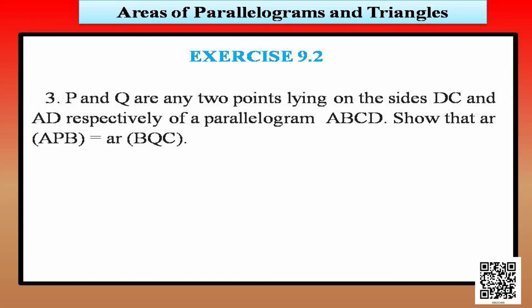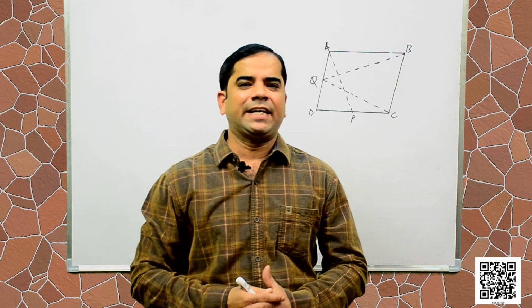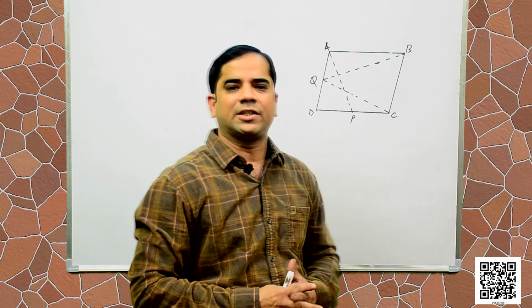Let us now discuss question number 3. It says P and Q are any two points lying on the sides DC and AD respectively of a parallelogram ABCD. Show that area APB is equal to area BQC. Before going for the solution, let me draw a diagram, then you can clearly understand the solution. Okay, as per the given data, I have drawn the diagram.